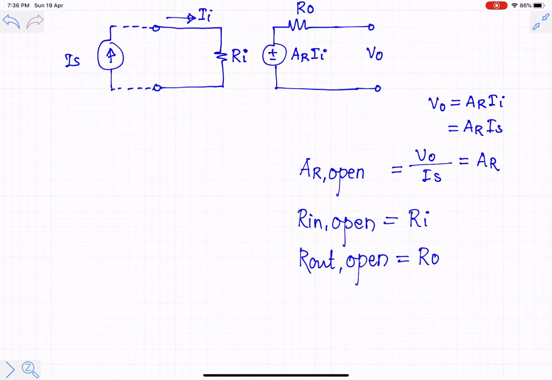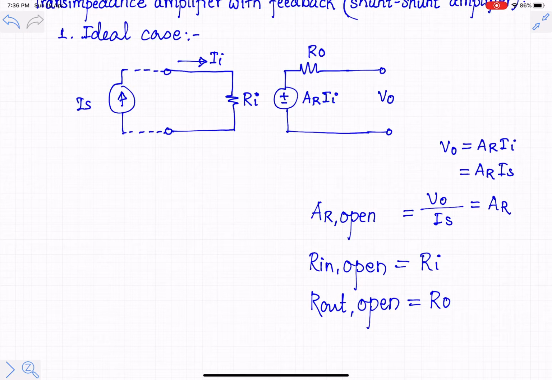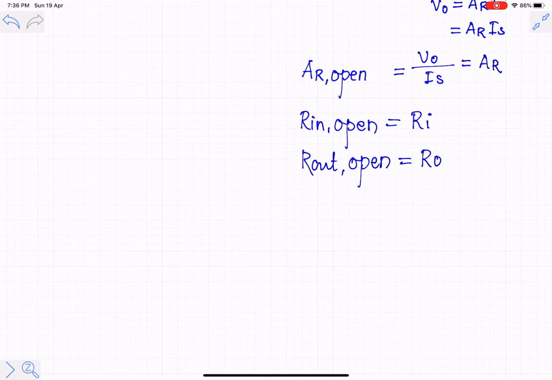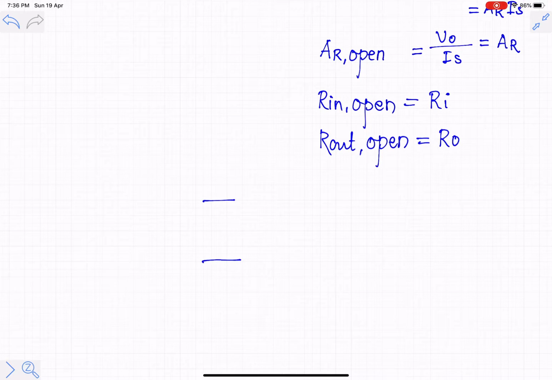Now we will see the feedback network now. In this case, because we are seeing the ideal case, the feedback network is ideal. In ideal feedback network, the input side is the voltage. So input to the feedback network is a voltage. In ideal case, its input impedance is infinity. So this is the input side of the feedback network, and this voltage is Vo.